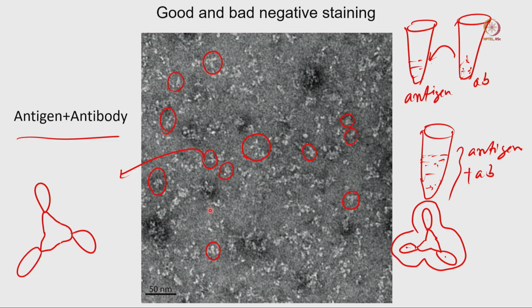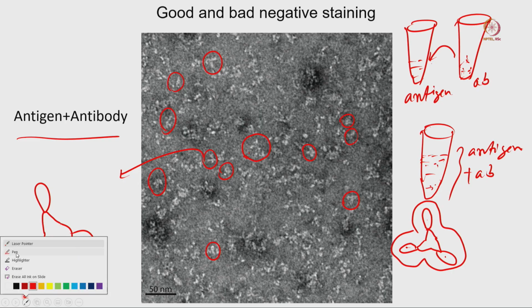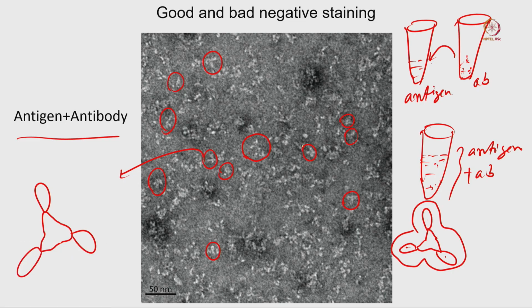Now come back to the sample part. If you look at this sample, there are many places with some small particles, which are not very familiar compared to this kind of trimeric sample, something like this one. If I color it in a different way, it will be much clearer.